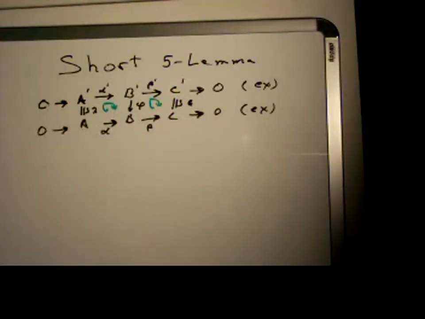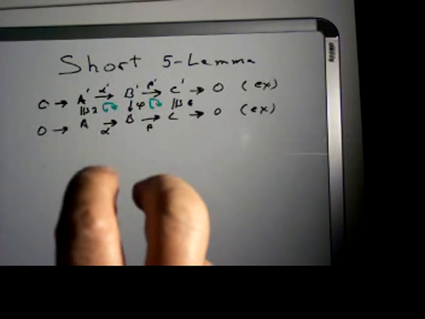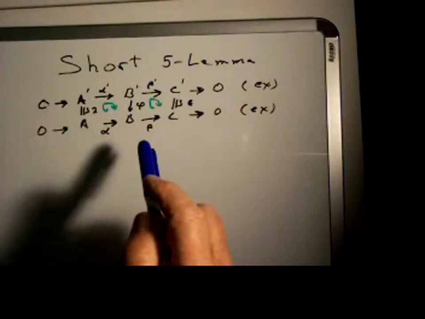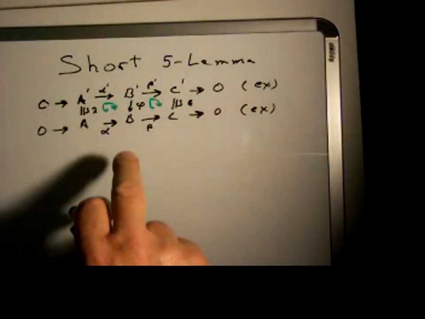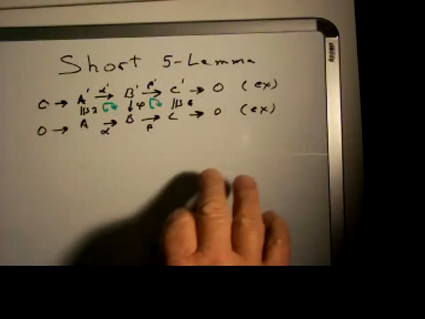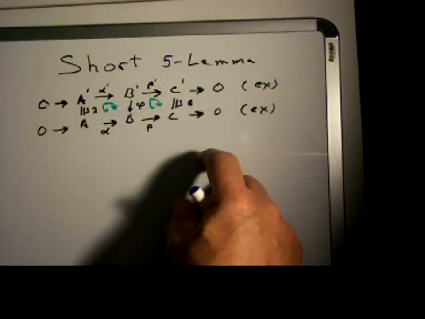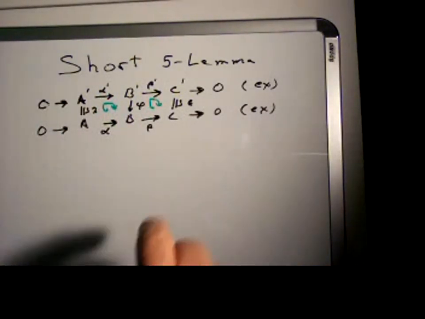B prime I had as S3, the smallest non-abelian group. And B was a cyclic group of order 6, or Z2 cross Z3.